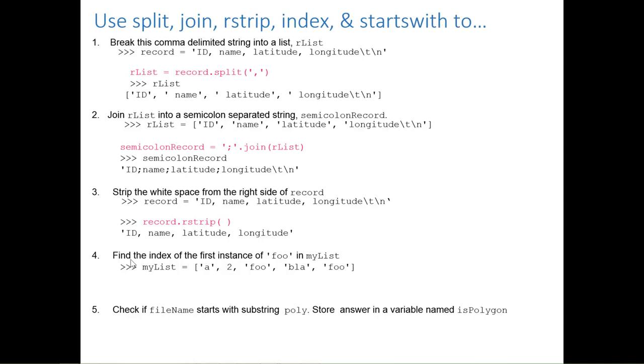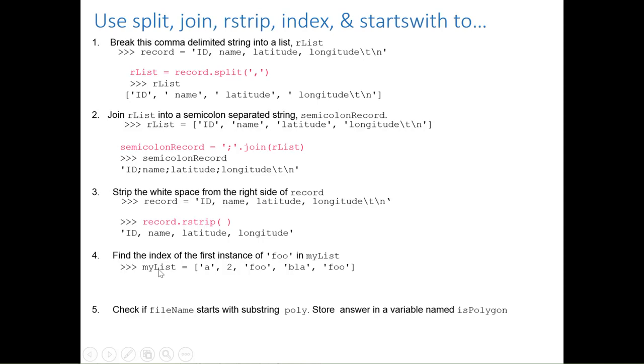Number 4, find the index of the first instance of foo in my list. So there's actually a method called index. It's a list method. And so you want to say object.method. The object in this case is the list that you want to operate on.